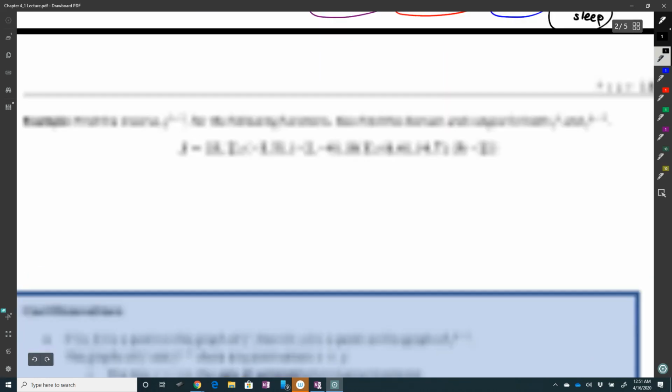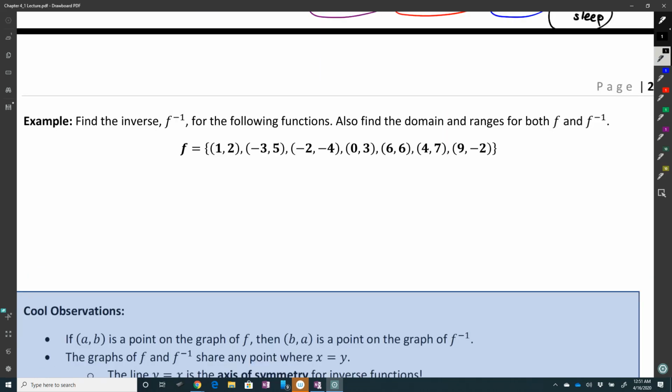So, find the inverse of the following functions and state the domain and range for both. So, here's a bunch of x values. So, for instance, 1 goes to 2, negative 3 goes to 5, negative 2 goes to negative 4, 0 goes to 3, 6 goes to 6, 4 goes to 7, 9 goes to negative 2. What the inverse does, which I'll call f inverse, is it gets these points.